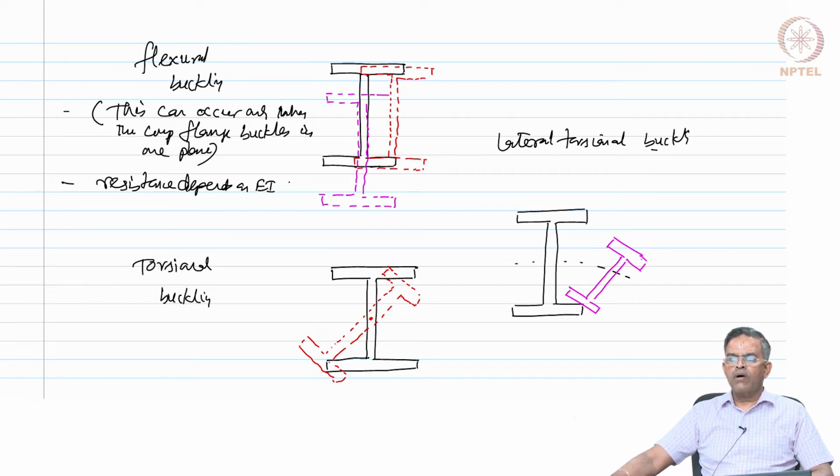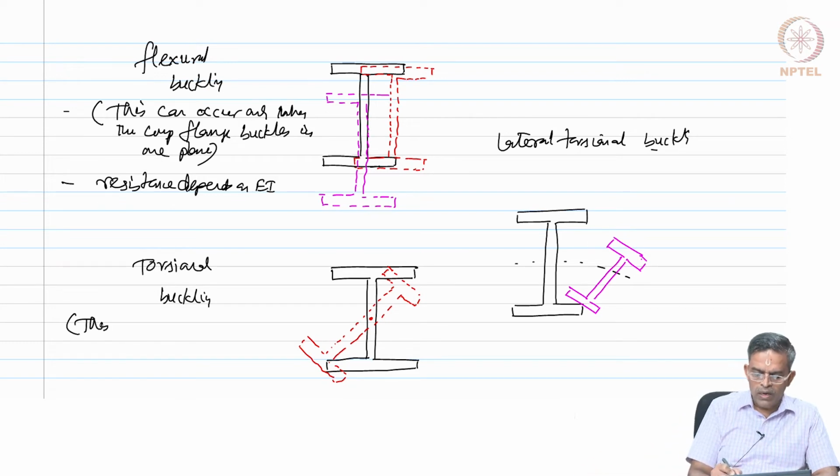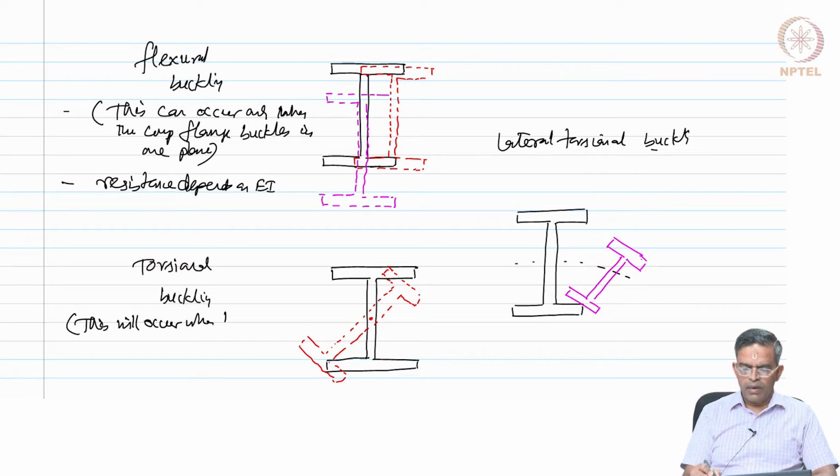When the buckling of the beam is caused by compression and induces only twisting, then it results in torsional buckling.